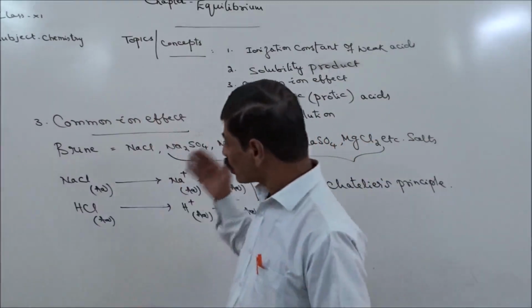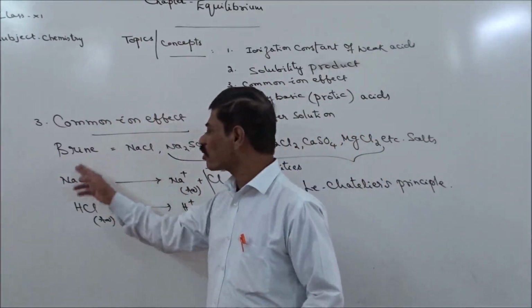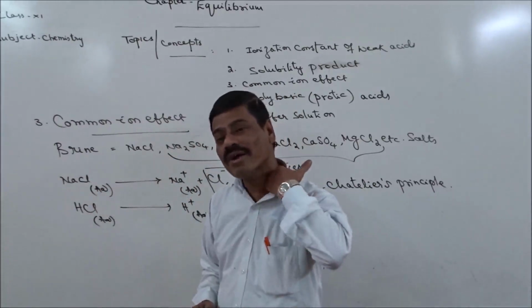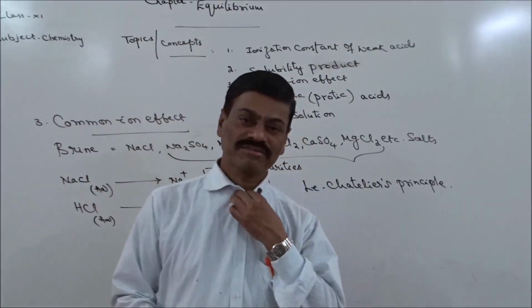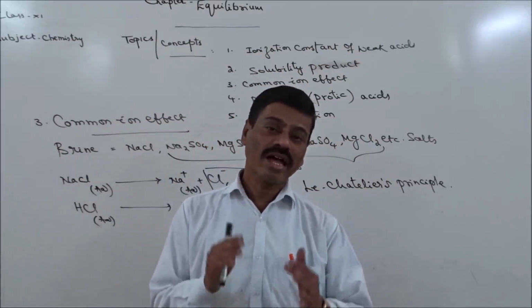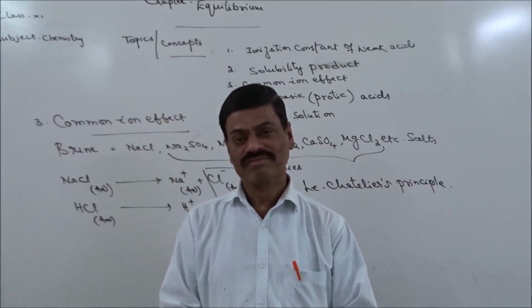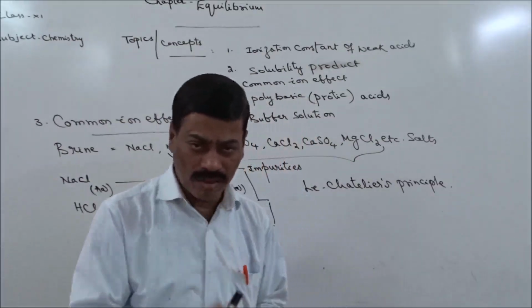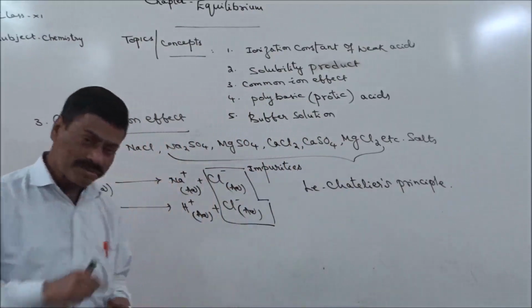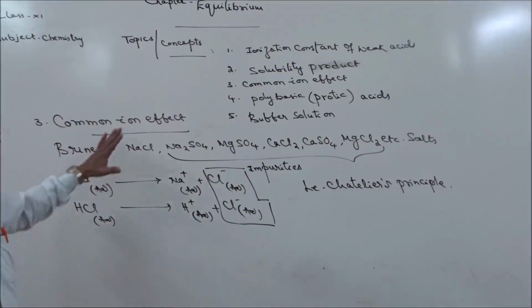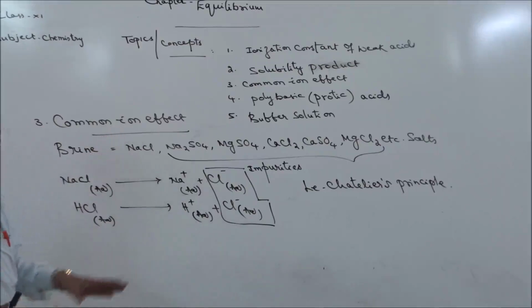And to the calculated amount of sodium chloride salt, particular amount of iodine compound is added. Then that sodium chloride is said to be iodized salt. And then it is filled in the pockets. They are sealed and marketed. That's about common ion effect.